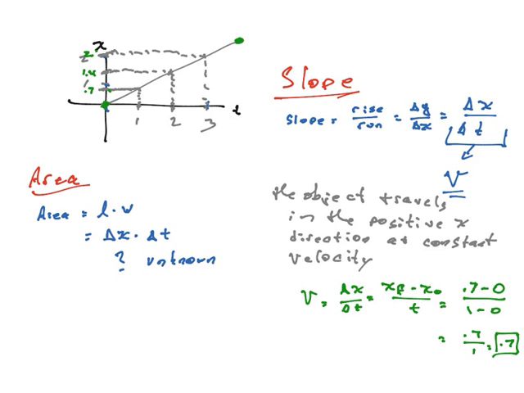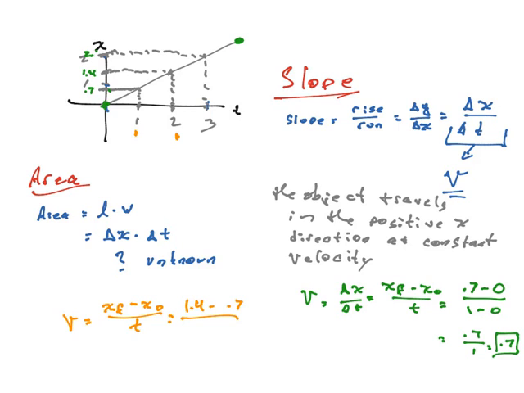If you don't believe me, let's check it out. Let's look from the 1 to the 2 second mark. So again, velocity is final minus initial over time. The final position, that's at the 2 second mark, I'm at 1.4. The initial, 1 second mark, I'm at 0.7.